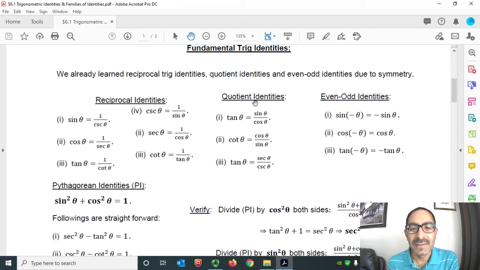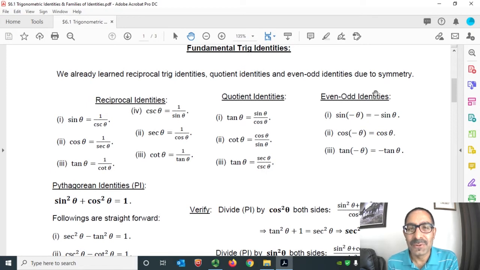Similarly, quotient identities: tan theta is sine theta over cosine theta, cotangent theta is cosine theta over sine theta, tan theta is secant theta over cosecant theta.